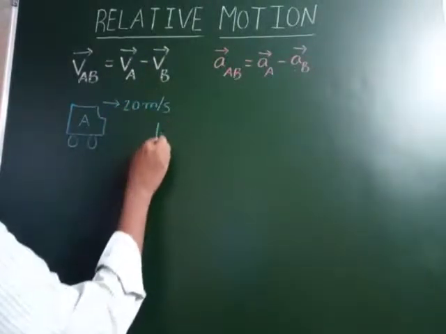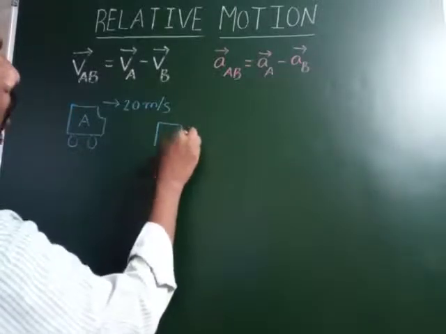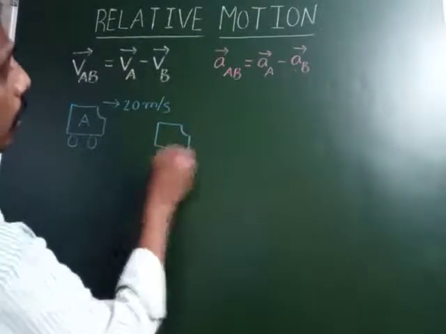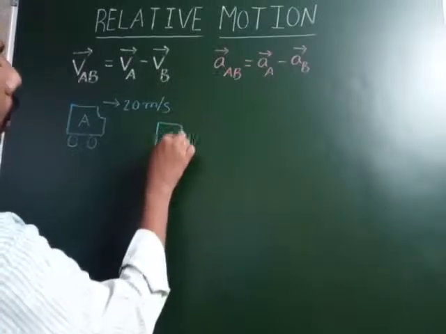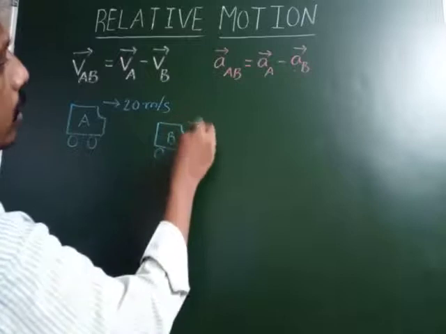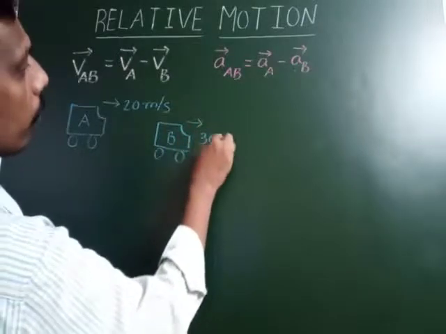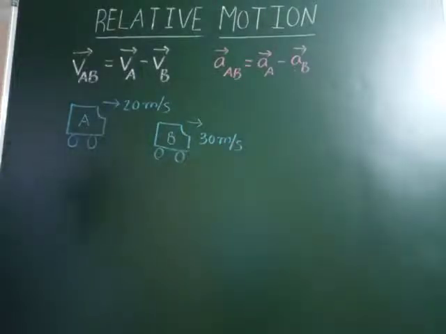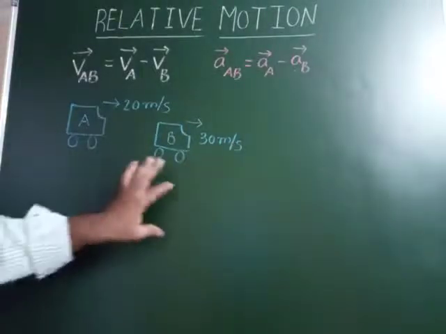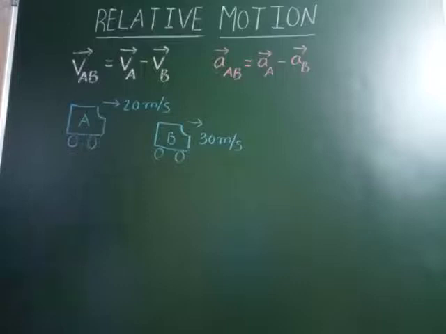Car B is also moving on the same straight line in the same direction. Velocity of car B is taken as 30 meter per second. Here we find velocity of A with respect to B and velocity of B with respect to A.